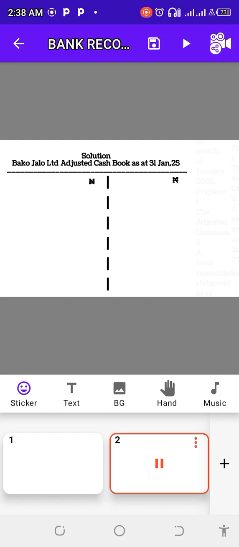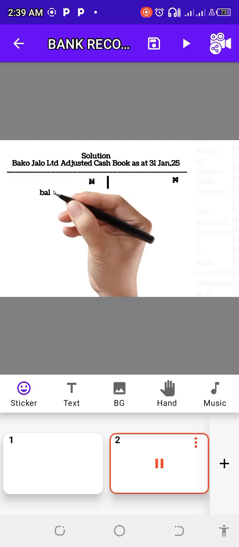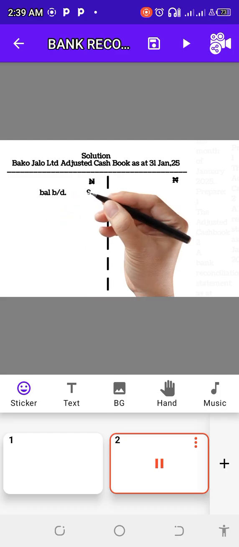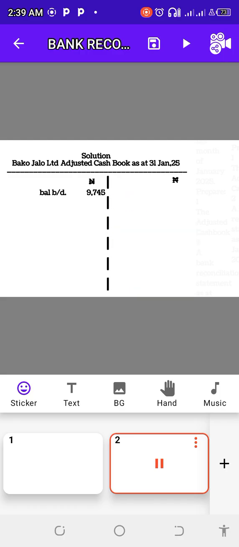Now, the first thing we are going to take a look at is the balance brought down from the cash book provided in the question, which is 9,745. Now, there is a direct credit in the question.